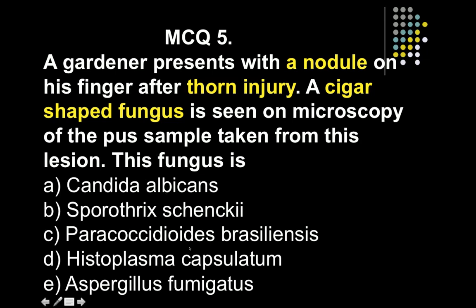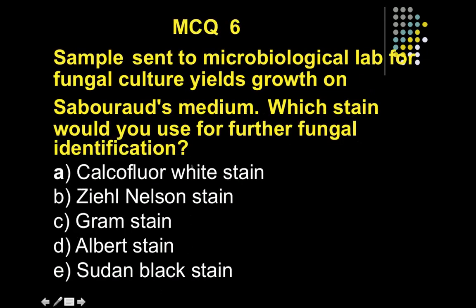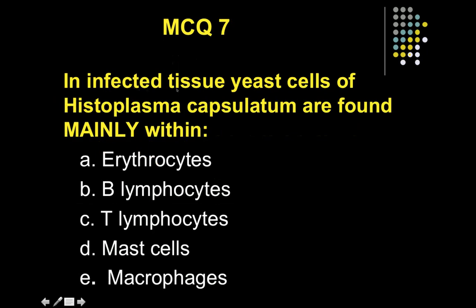Which is the correct answer from the options? A sample sent to the microbiology lab for fungal culture yields growth on Sabouraud media. Which stain are you going to use for further identification of this fungus? In infected tissue, yeast cells of histoplasma are found mainly within which of the following cells?